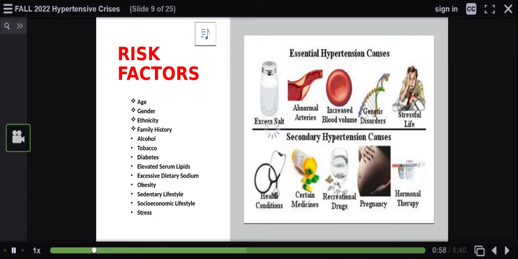Also, some Caucasian females or Mexican Americans can have uncontrolled hypertension. Any family history, anything by blood, can be at risk for hypertension as well.